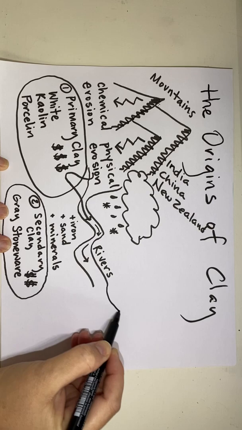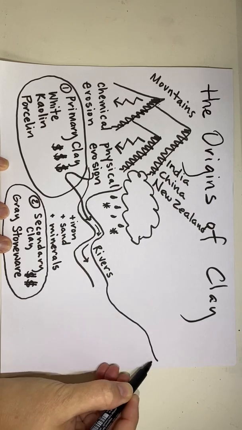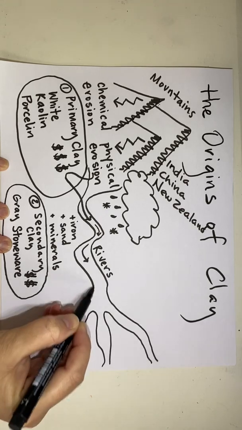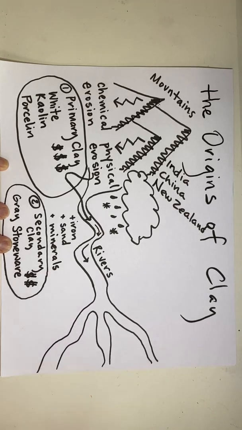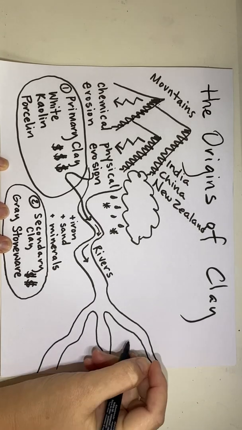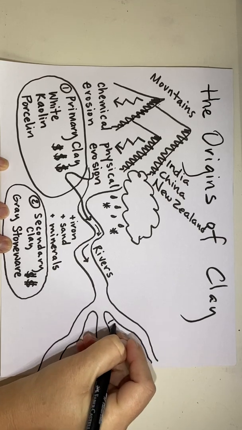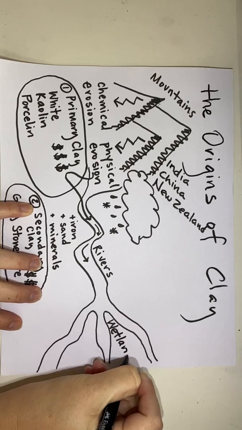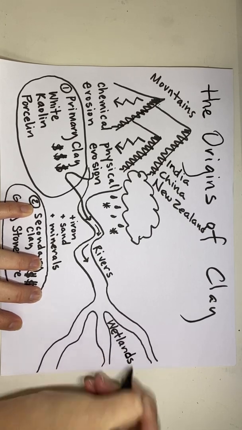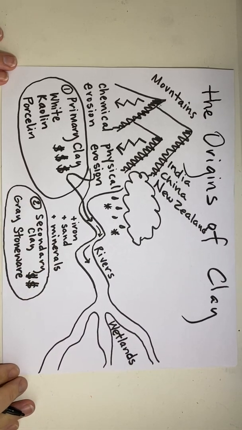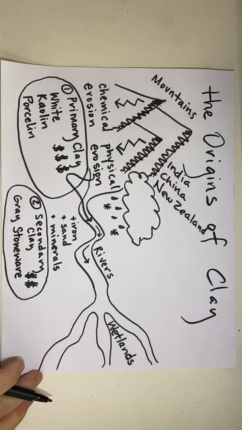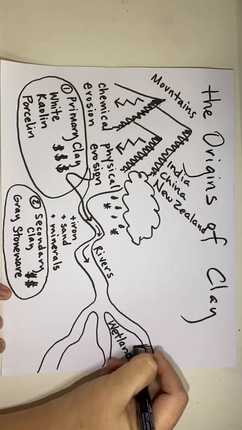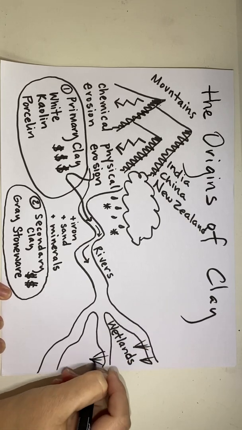So the next thing that happens is our rivers start to fork. And they fork in these areas we call the wetlands, kind of like the lagoons that go into the ocean that we have here. In the wetlands, it's that grassy area.